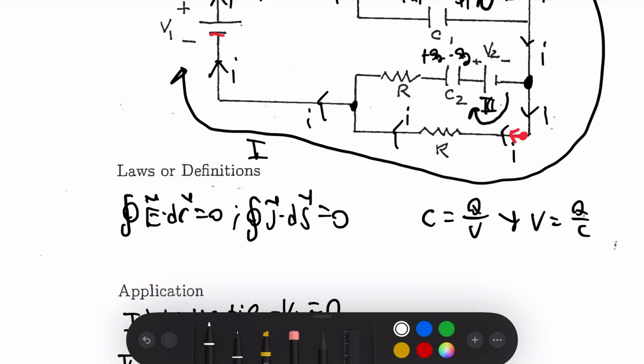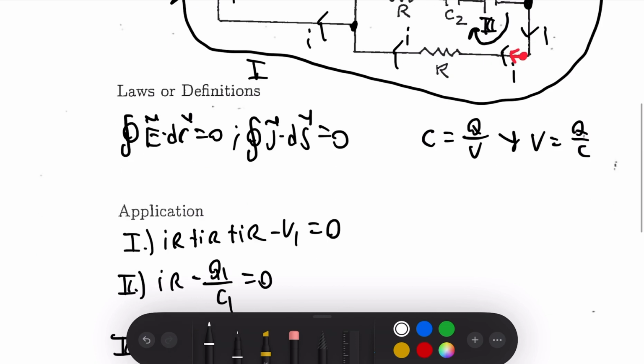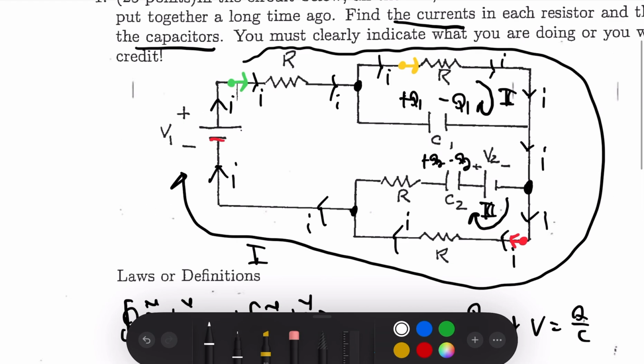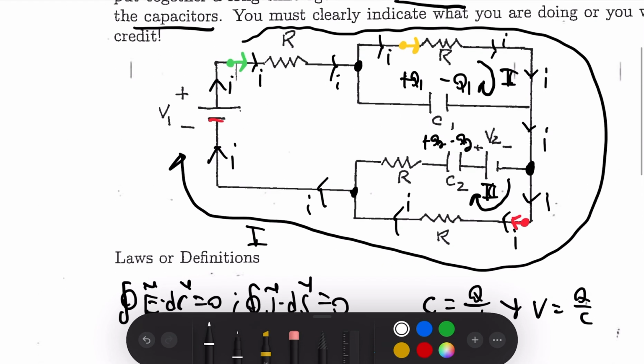So we basically disregard that resistor. But then the capacitor still has charge on it. So we put plus Q2 over C2 because I'm touching the positive side, or what I labeled the positive side of the capacitor. So that's plus Q2 over C2. And then I keep going. I touch the positive side of the battery.